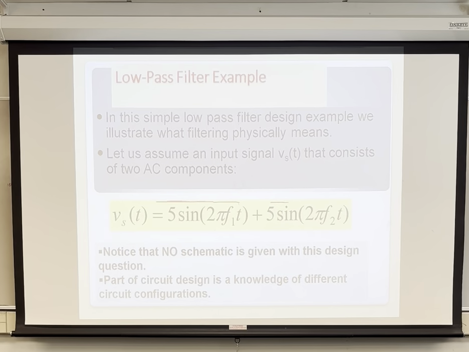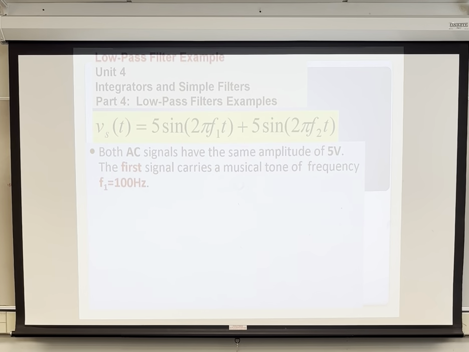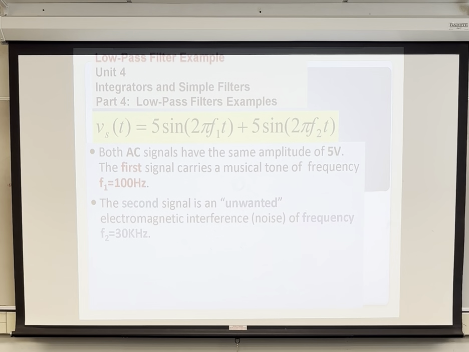and reject the second frequency. So with that in mind, we can give some frequencies to F1 and F2, and we know both of these have the same amplitude, which is 5 volts. We'll assume the first signal F1 is 100 hertz, and it's a musical tone.